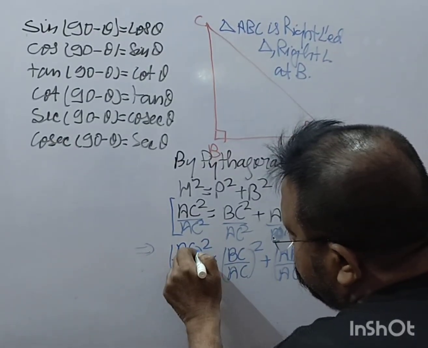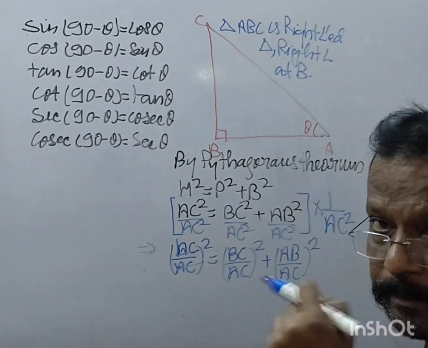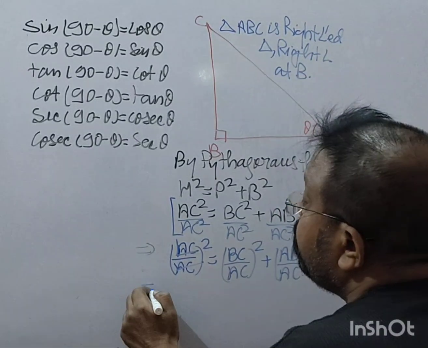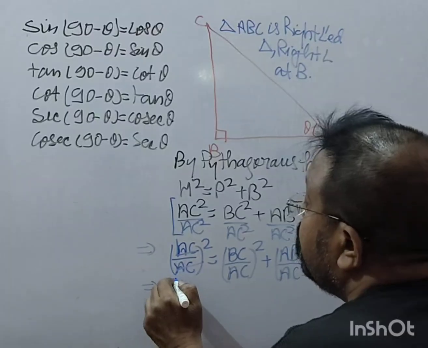This is cancelled out. You get 1 here. So you get 1 square is 1.